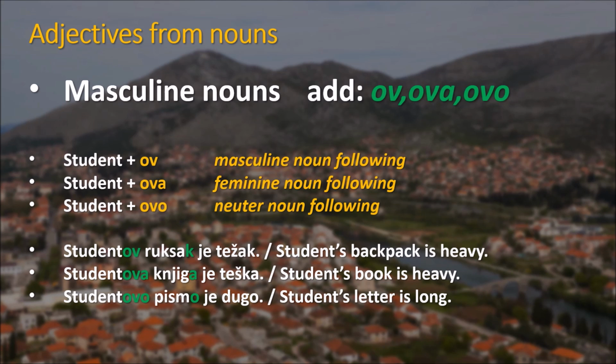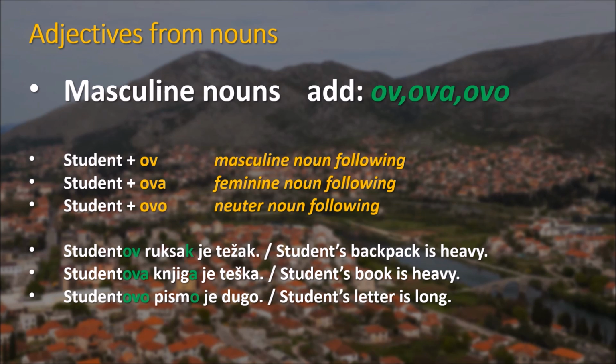Whether we are talking about the person who is doing the action, or from whom we are creating the adjective form, we need to look at whether this person is masculine or feminine, as well as the object which they possess, whether it is in masculine, feminine, or neuter gender.